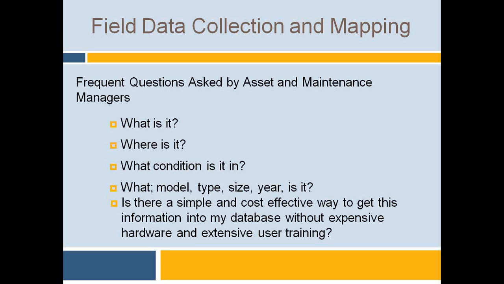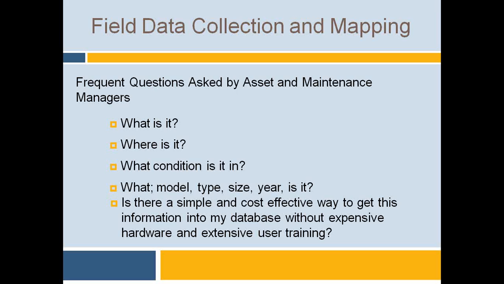Next is what condition is it in? And this is something that is handled by this solution in 2 different ways. Number one, you have a photograph of the asset so that you can visually see what condition it's in. And also, you have the ability to assign attributes to the asset and edit those attribute values.